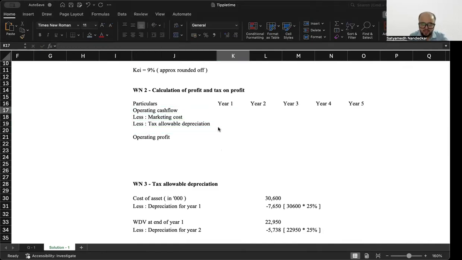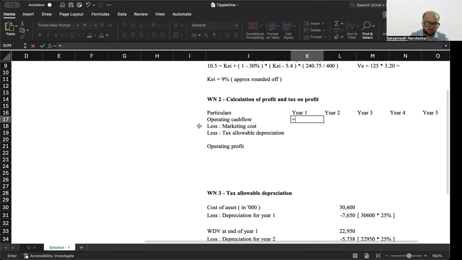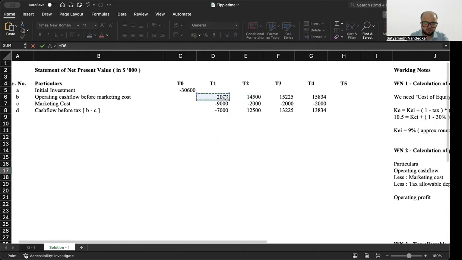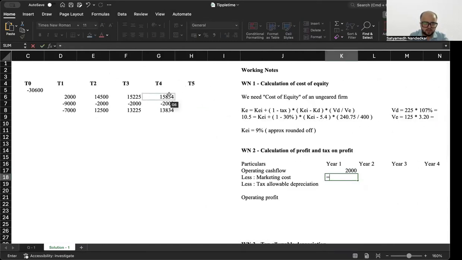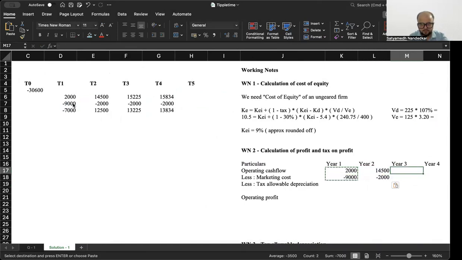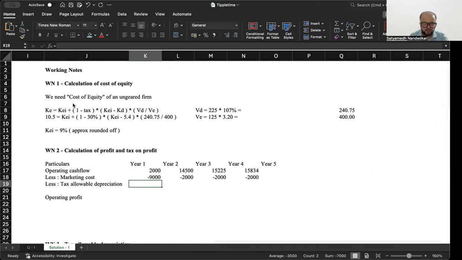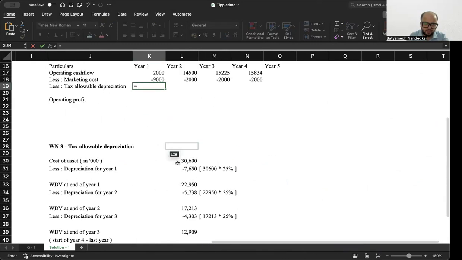I have my operating cash flow figures for each of the years. Less marketing cost and tax allowable depreciation.